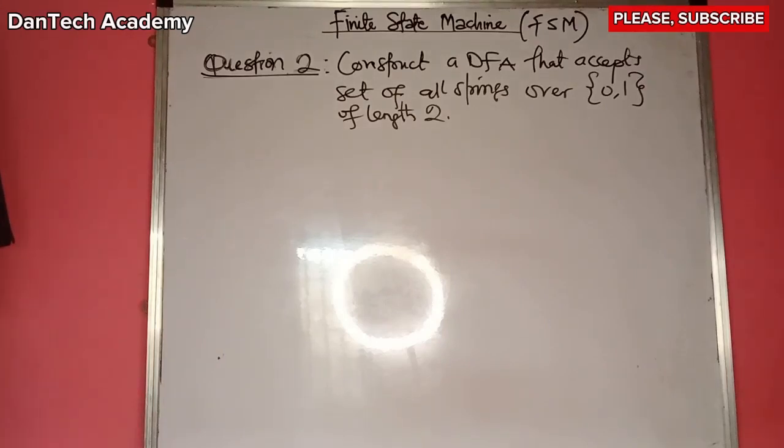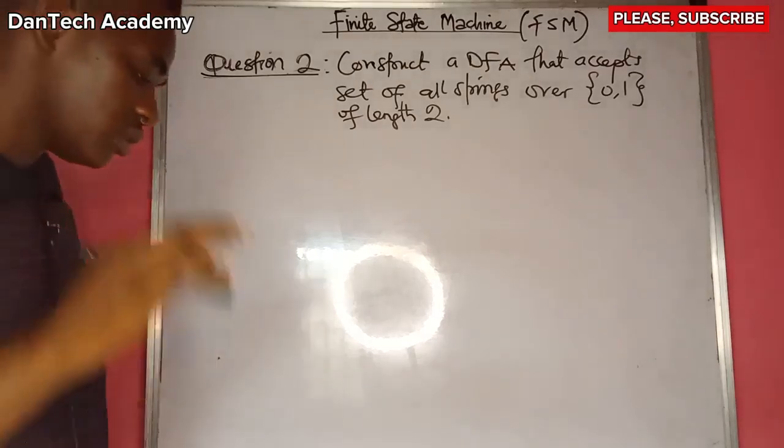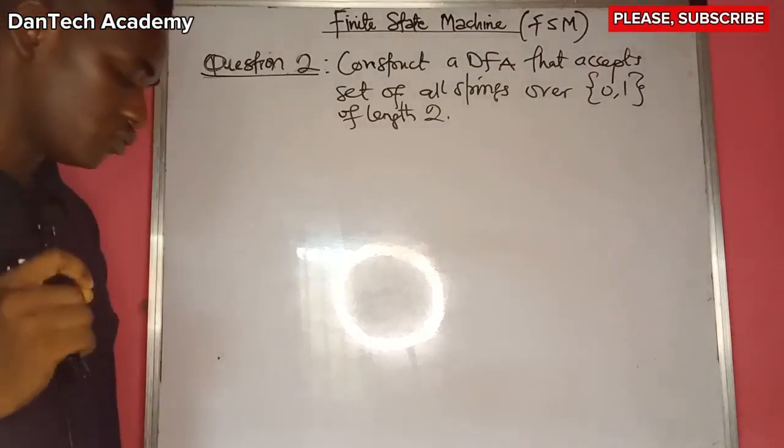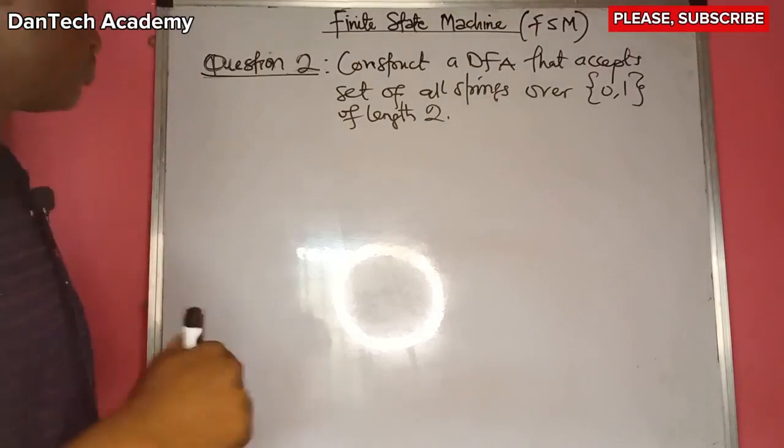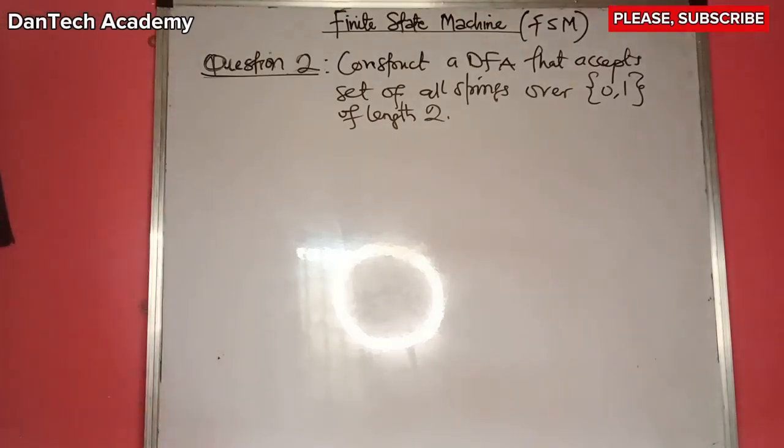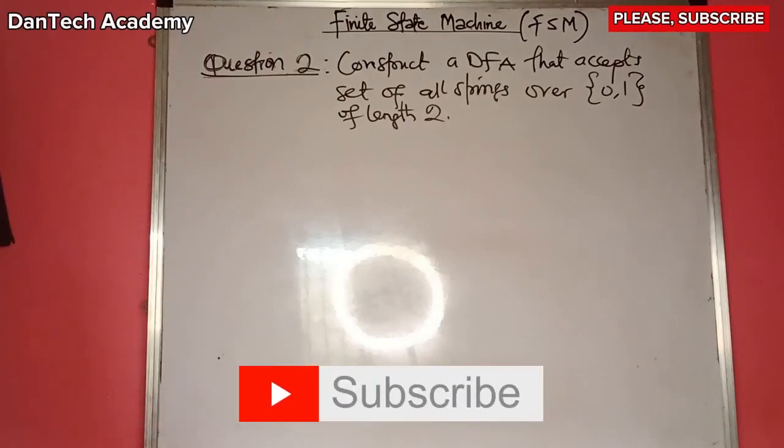That's question 1. But this one says we should check for strings over 0 and 1 of length 2. So we are working with length. You see the reason why we need to understand those mathematical notations. If we are saying length 2, there's something we need to do to the alphabet.